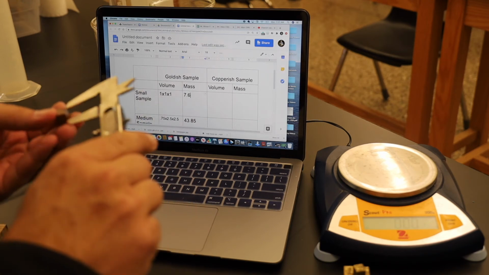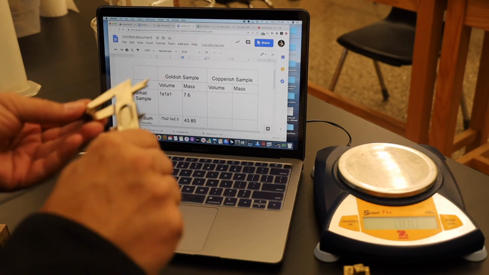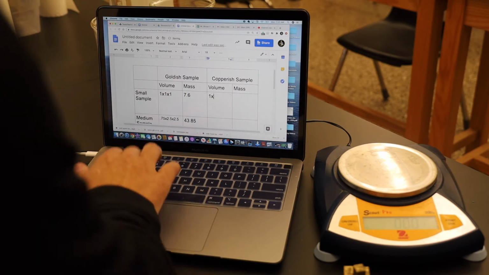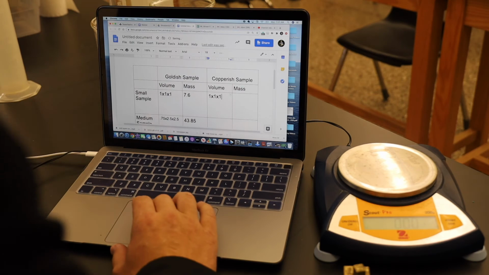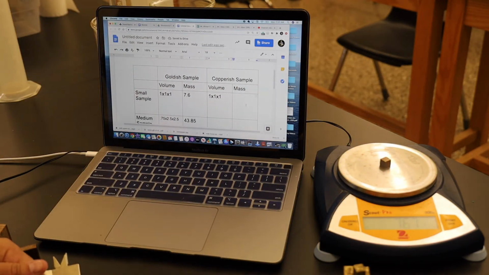So this one is again 1 centimeter by 1 centimeter by 1 centimeter for the volume. And this object's mass is 7.67.